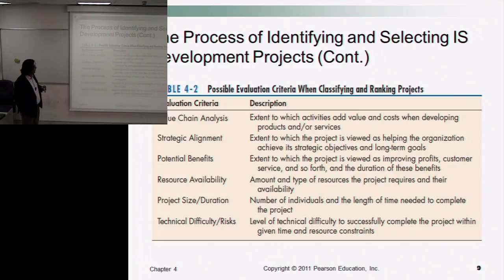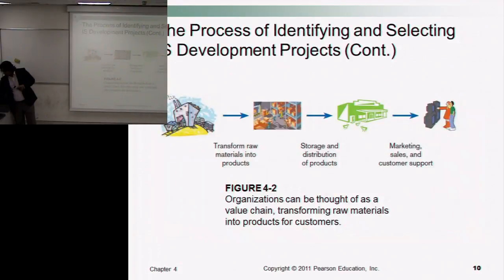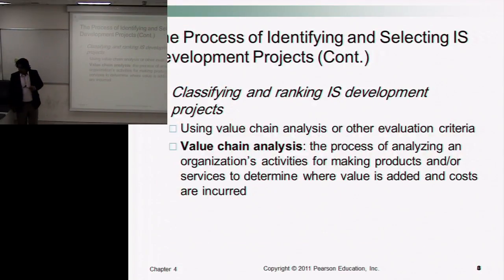Now, for instance, if we look at value chain analysis, it is the process of analyzing an organization's activities for making products and or services to determine where value is added and costs are incurred. Any company or organization makes some product. In order to make that product more attractive to the users, they add some values into it.